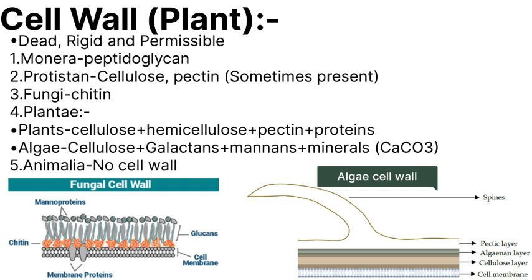Then we'll also have an exception of euglenoids, which belong to the Protista kingdom. They don't have a true cell wall. Other than that, we have plants with cell wall composed of cellulose, hemicellulose, pectin and proteins. We'll see their structure in detail now. So let's move to the next slide.